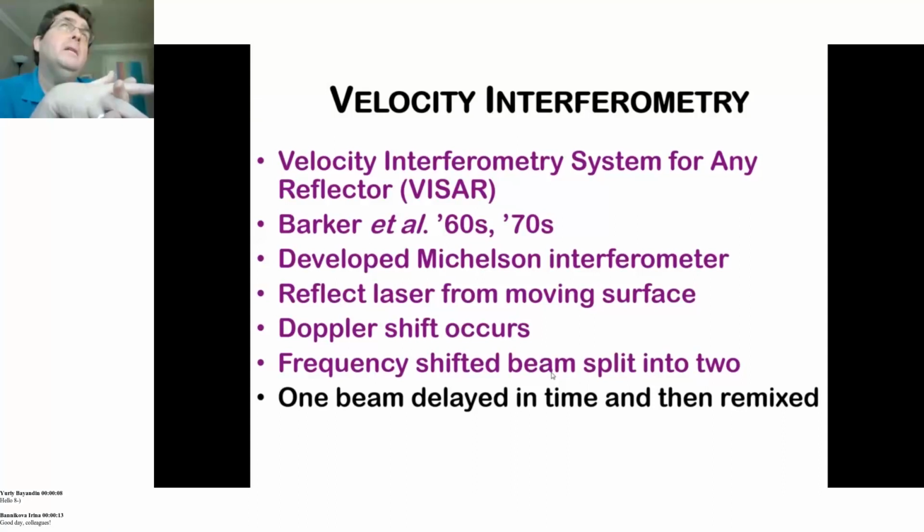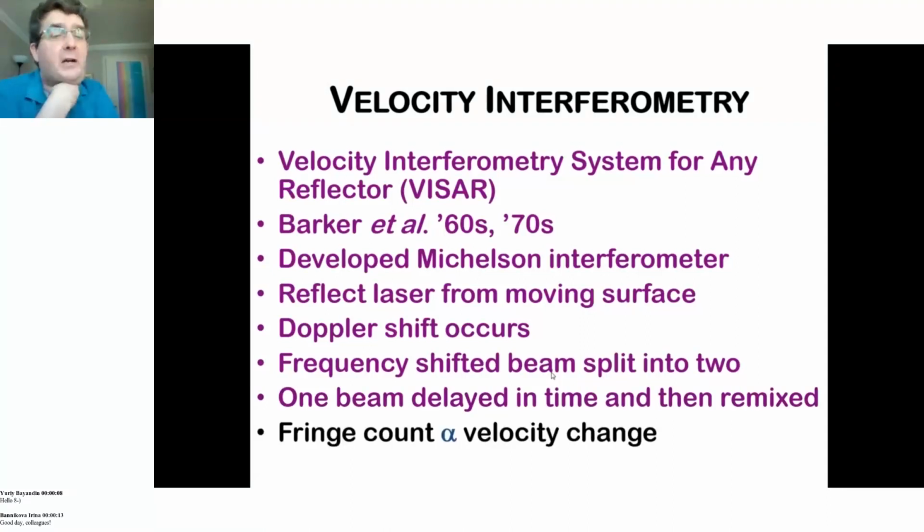When you recombine them, if there is any frequency difference, you will get a beat frequency. And that beat frequency, that fringe count, is proportional to the velocity change.